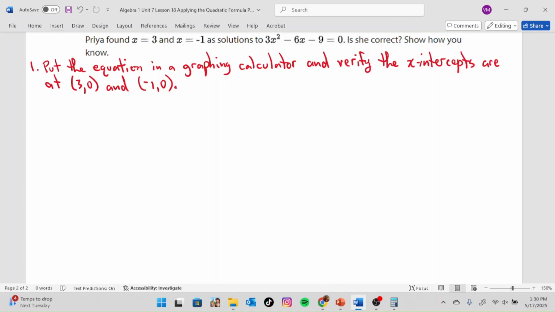That is the quickest and easiest way. So if you have a graphing calculator available, you can do that.